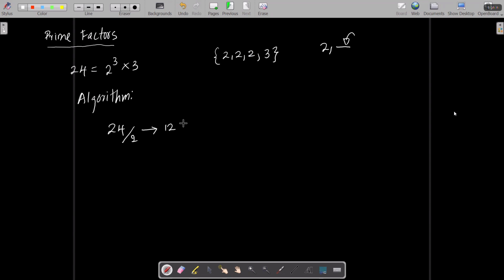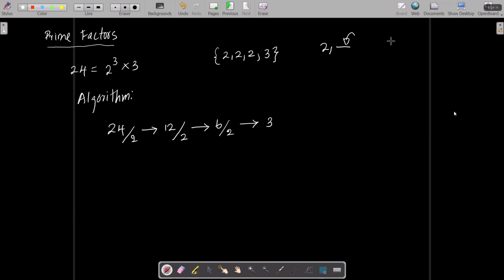Then we check again whether it is possible to divide by 2. Yes, it gives us 6. Then we divide by 2 again and have 3. Now we check whether this can be divided by 2. We can't, therefore we will go to the next number.